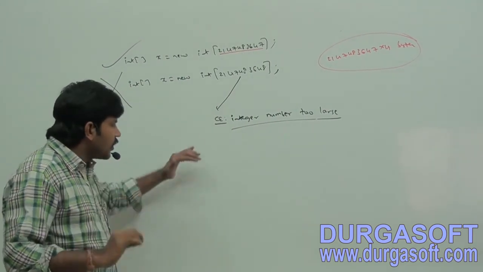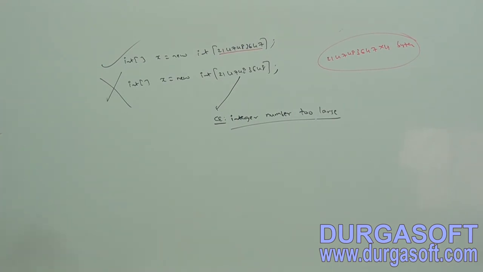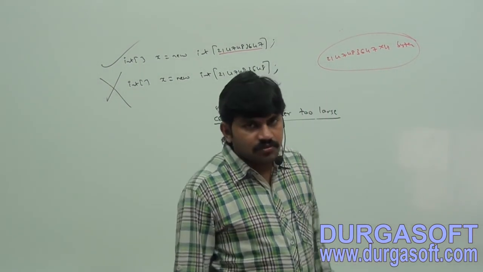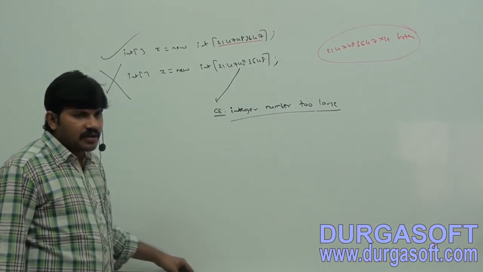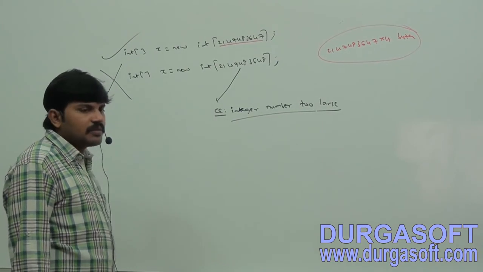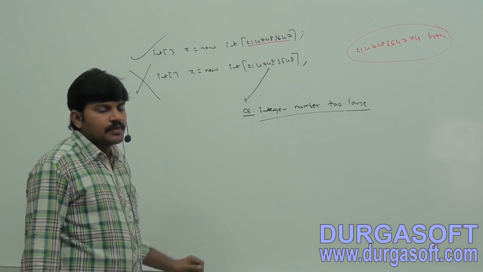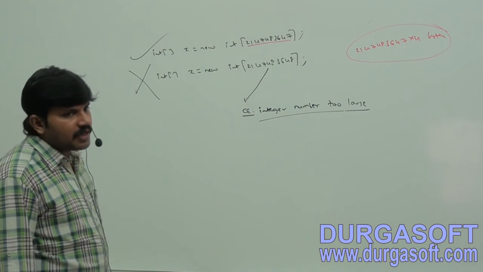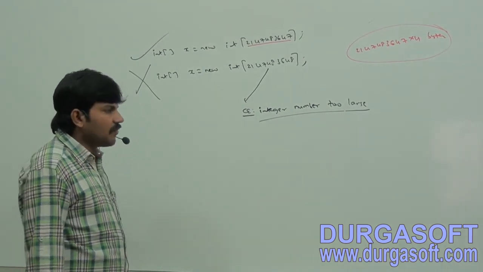Next, add one point. Even in the first case, we may get a runtime exception if sufficient heap memory is not available.